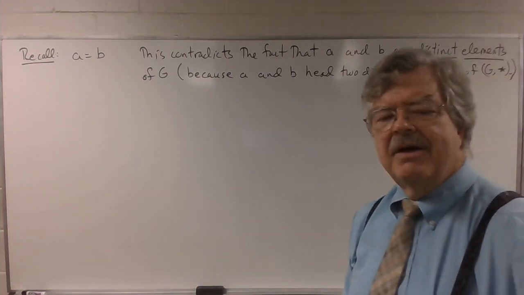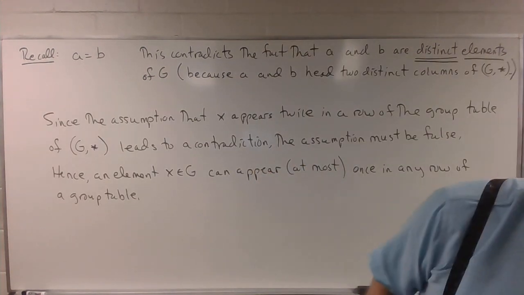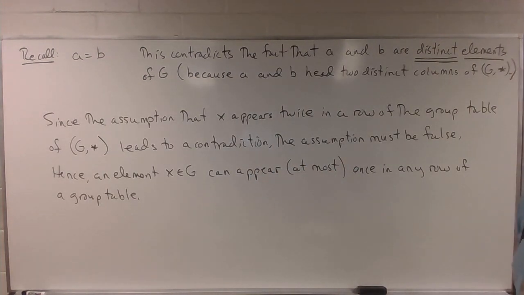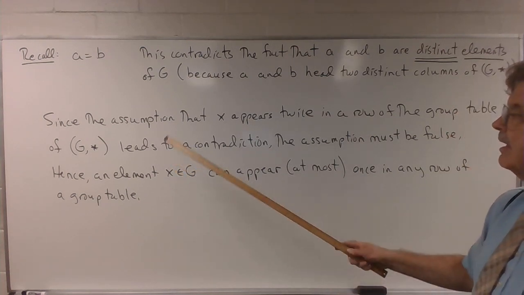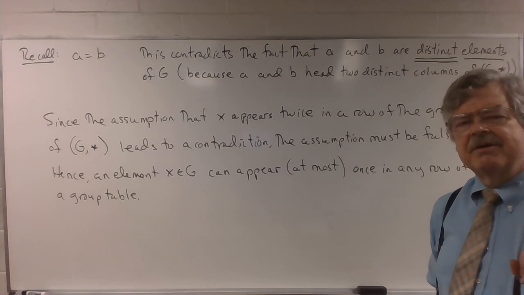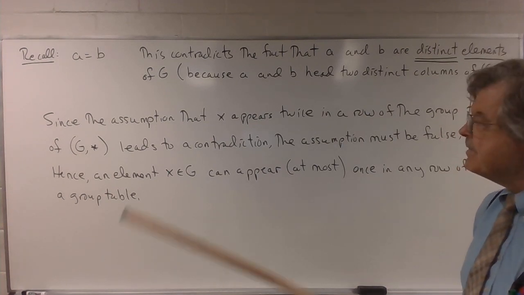Well, let me write down the conclusion of this part of the proof. So here's how we conclude this part of the proof. We want to make sure we understand what it was that caused the contradiction.